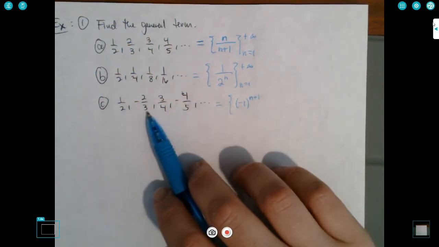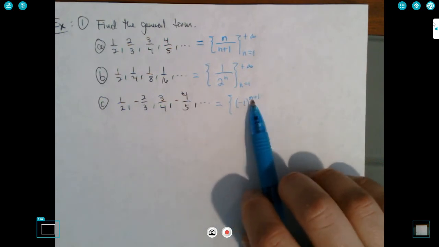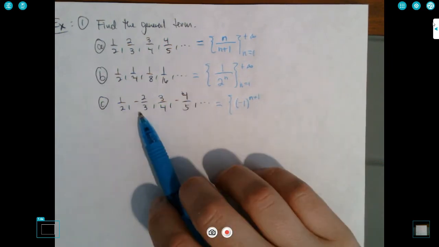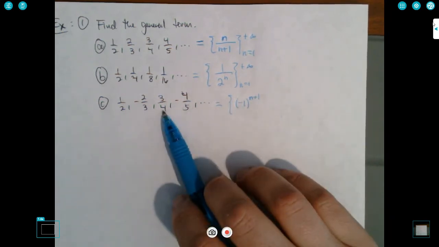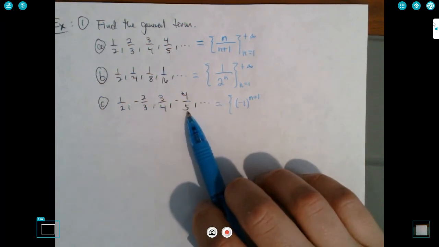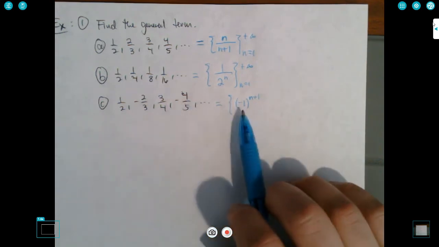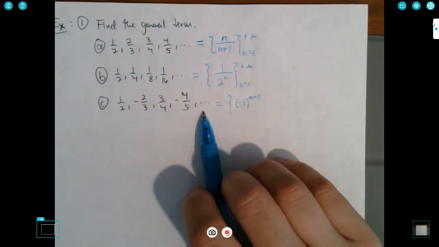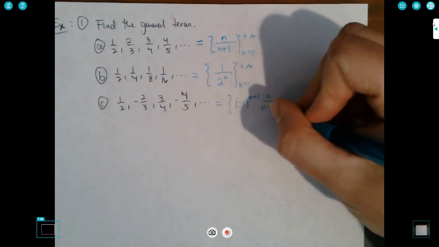For the second term, this is -1 to the 2 plus 1, so that's -1 cubed, which is negative. On the third term, it's -1 to the fourth, which is positive. And on the fourth term, it's -1 to the fifth, which is negative. And so this is good. This gives me the positive, negative pattern that I'm seeing. And then for the actual numbers themselves, it's just n over n plus 1.